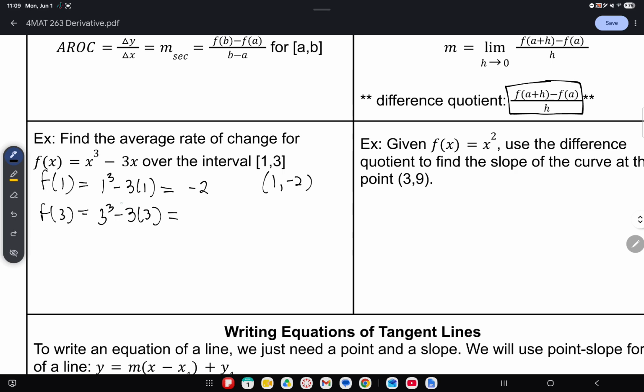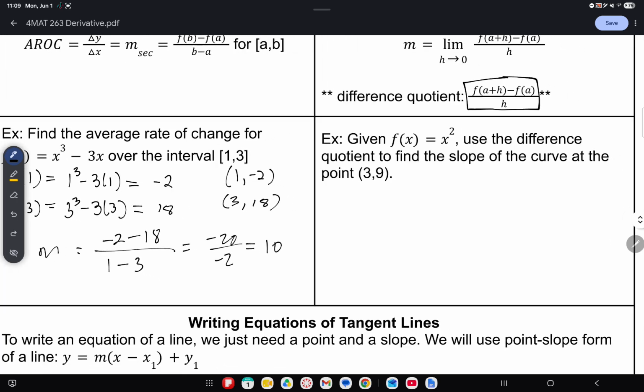So 3 cubed is 27. 27 minus 9 is 18. Okay, so I can find the slope between those 2 points, right? It's y minus y over x minus x. So I get negative 20 over negative 2 to get a positive 10. And that's my slope, right?